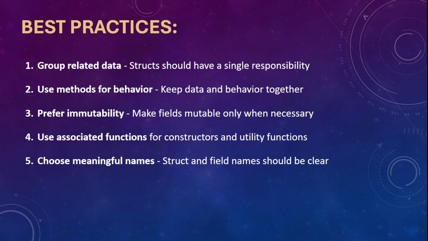So that was all about today's video. As homework, you can create a student struct with fields for name, age, and grades, and implement methods to calculate average grade, add new grades, and determine if the student is passing or not.